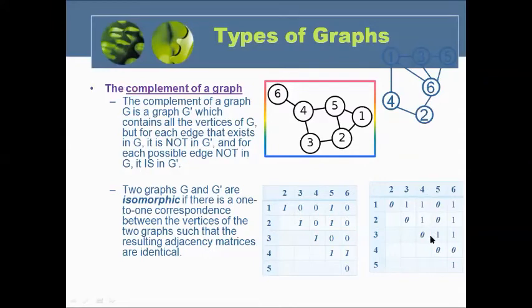What about 3 is to 4? 0. 3 is to 5? 1. 3 is to 6? 1. Okay. 4 is to 5? 0. 4 is to 6? 0. 5 is to 6? 1. Very good. Can you see?